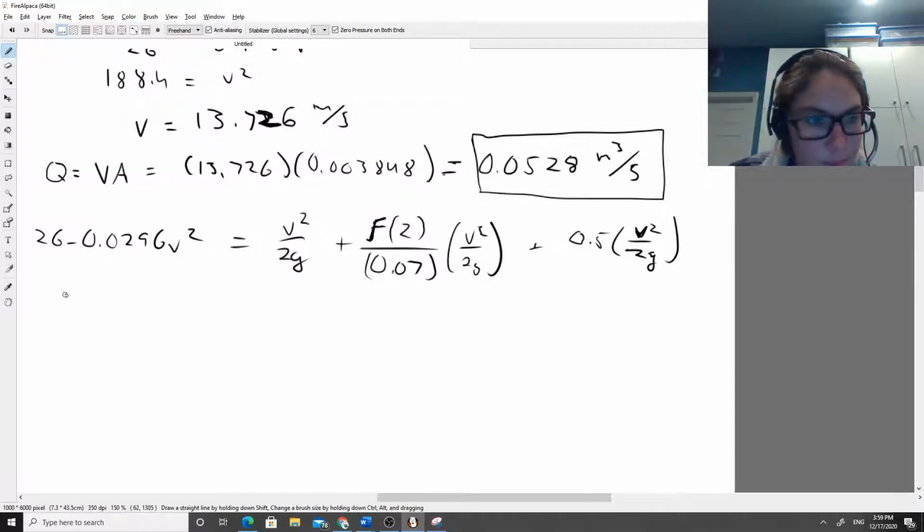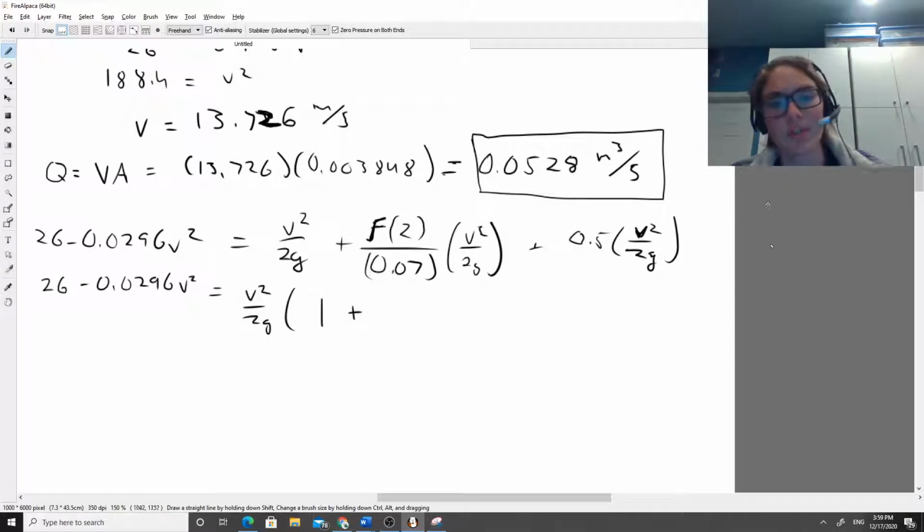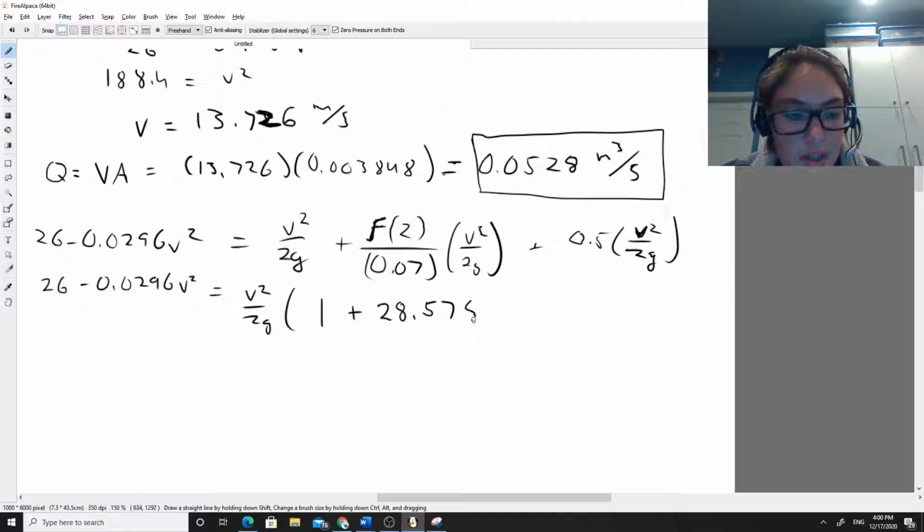Let's go ahead and pull out the v squared divided by 2g. 26 minus 0.0296 v squared is equal to v squared divided by 2g times 1 plus, now 2 divided by 0.07 is going to be equal to 28.57 F. That is capital F. Okay. Plus 0.5.